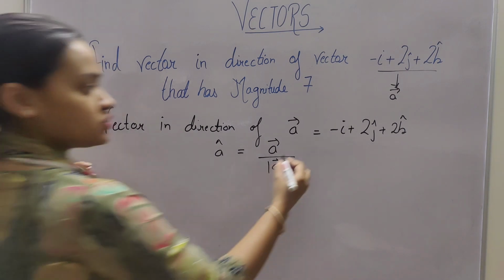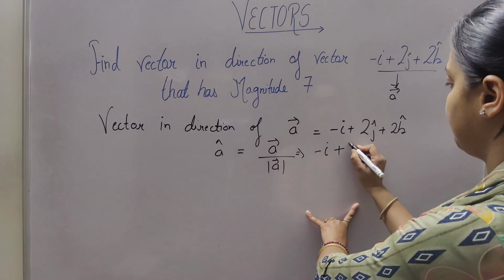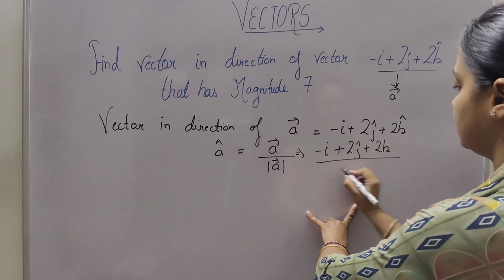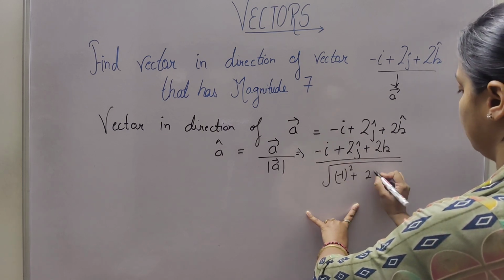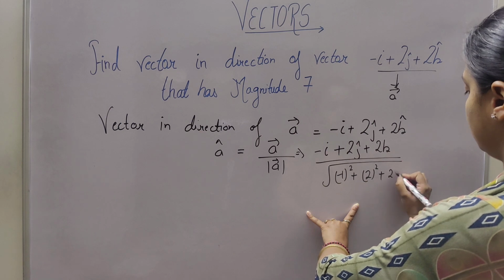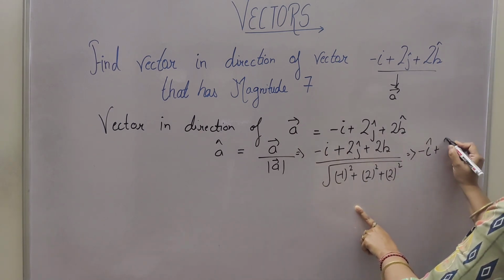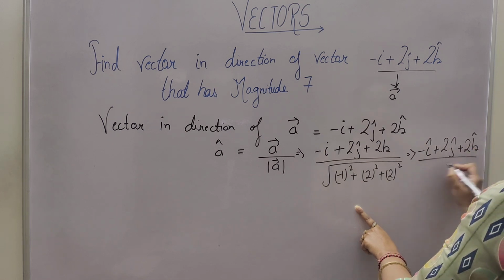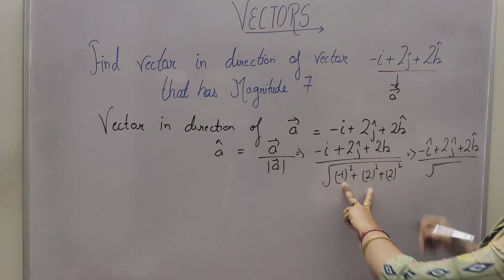magnitude of A. So putting this value minus I plus 2j plus 2k upon root minus 1 whole square, 2 whole square plus 2 whole square. The value comes minus I plus 2j plus 2k upon root 2 2s are 4, 2 2s are 4, 4 4s are 8, plus 1.